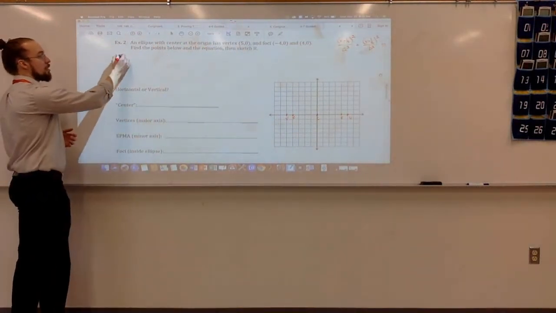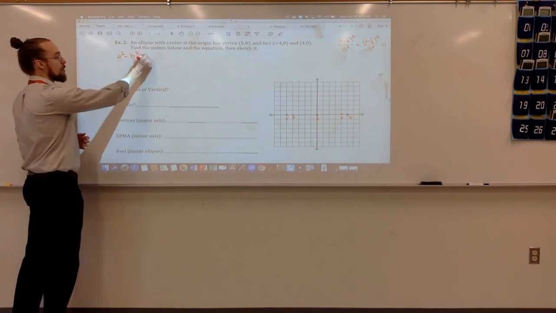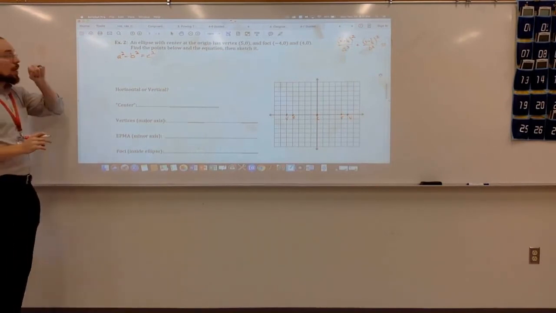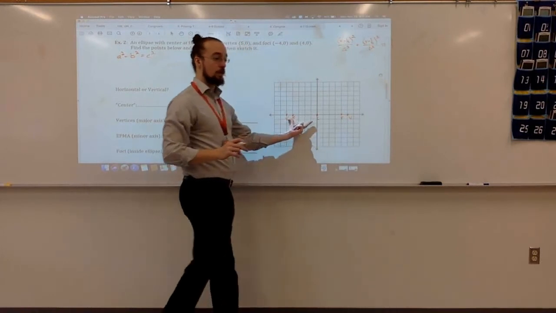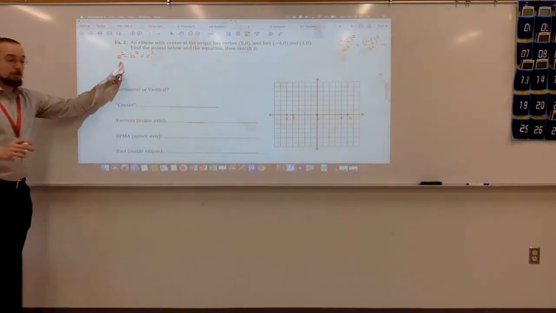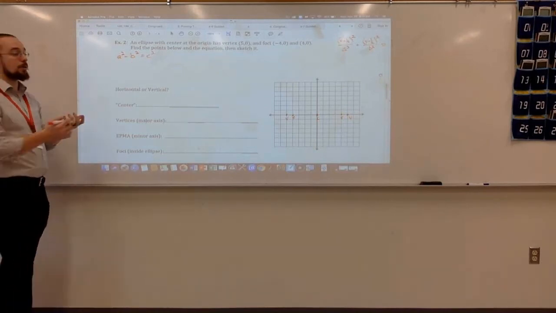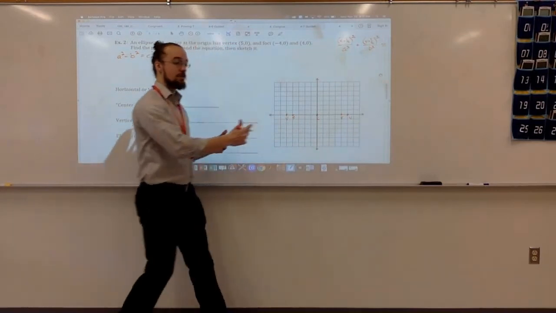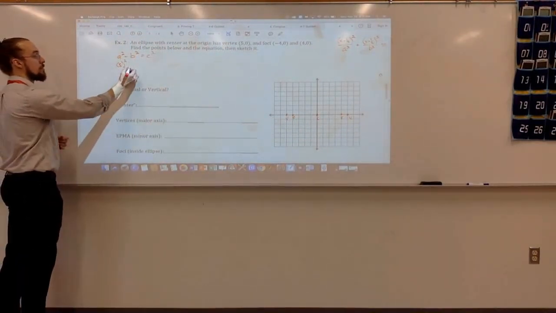I'm going to use my equation, a squared minus b squared equals c squared here. Since this is the longer side, I'm going to put that in for a, so b is going to be smaller. The distance from the center to the vertex is 5, so I'm going to put this as 5.